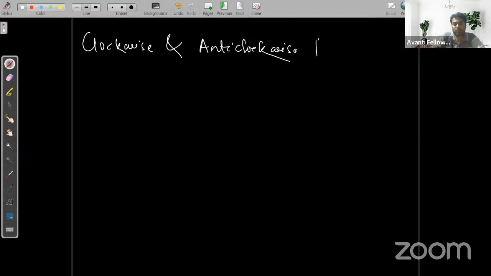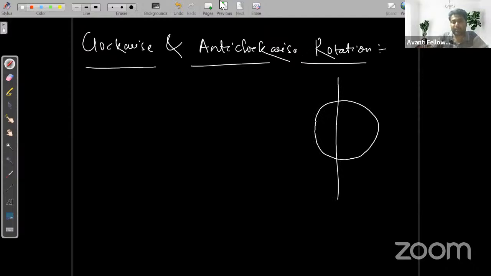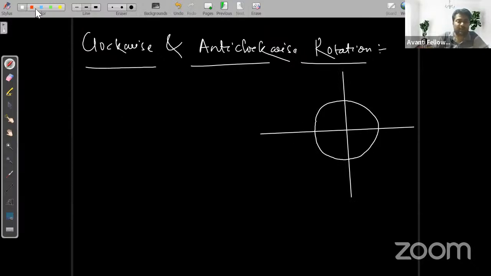Clockwise and anti-clockwise rotation. Suppose we have a circle here, and this is my Argand plane.